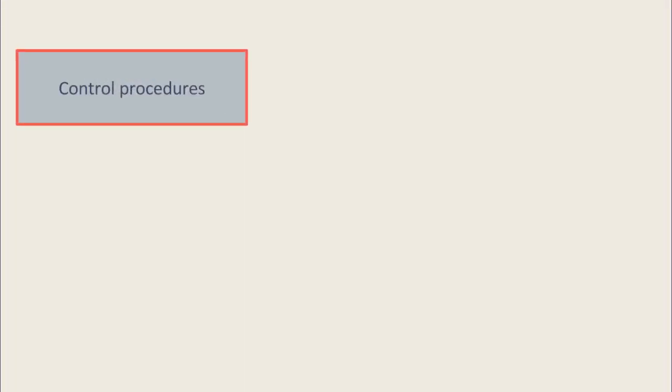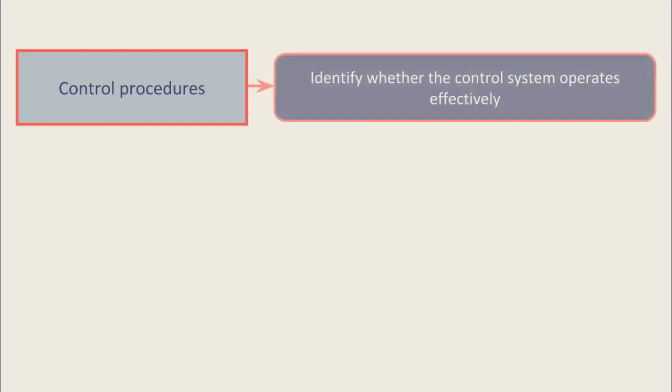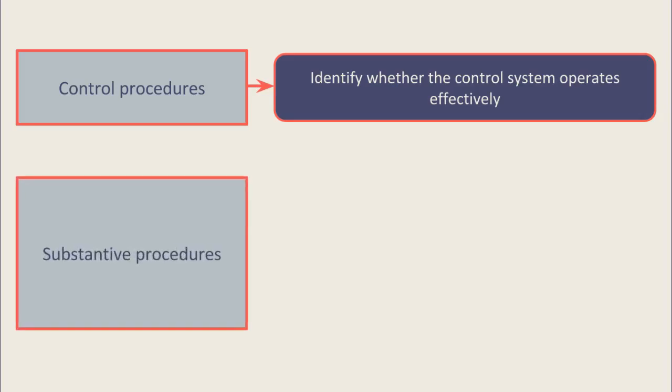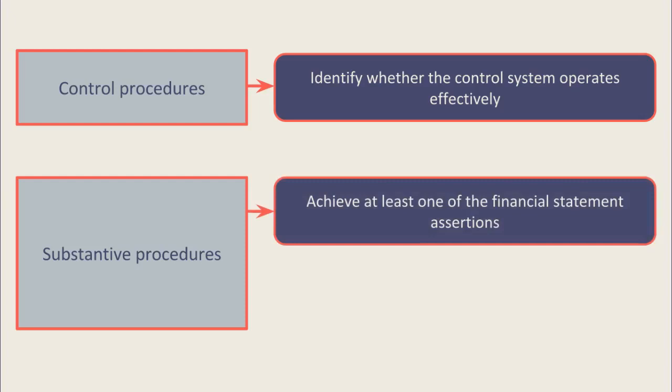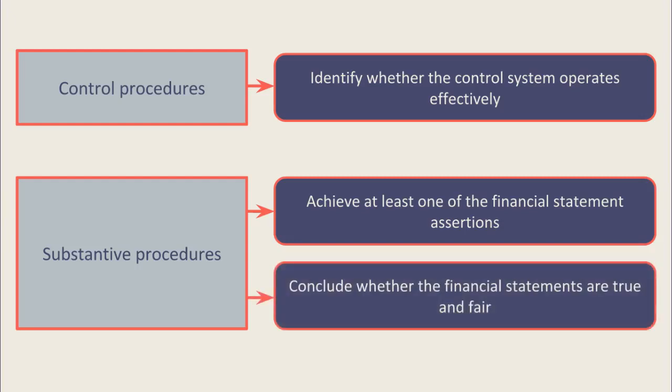If we're looking at control procedures, the evidence collected from these procedures should identify whether the control system operates effectively. If looking at substantive procedures, the evidence must achieve at least one of the financial statement assertions. Remember that these assertions help ensure the auditor can conclude whether the financial statements are true and fair.